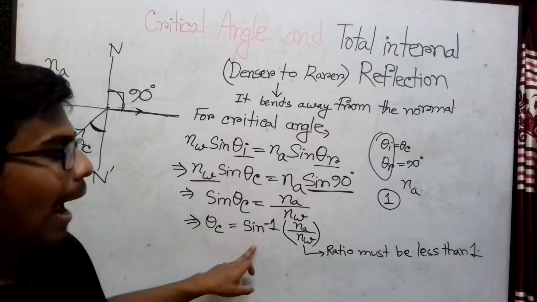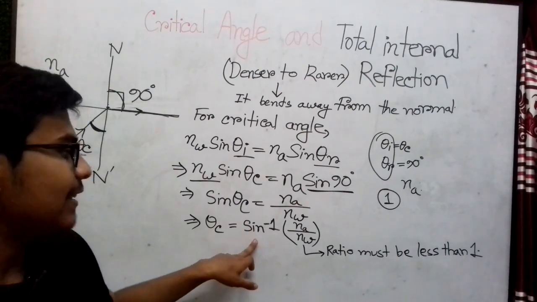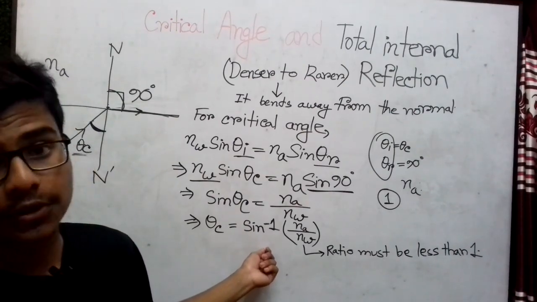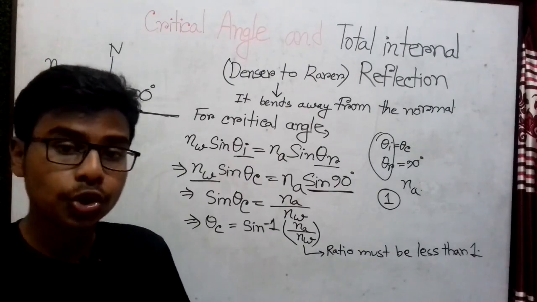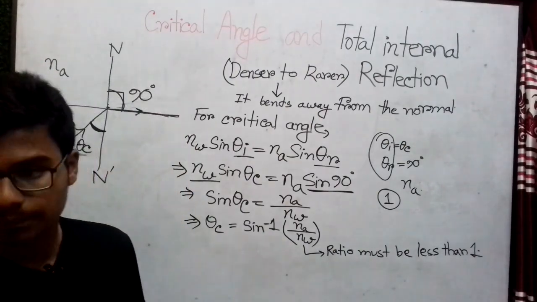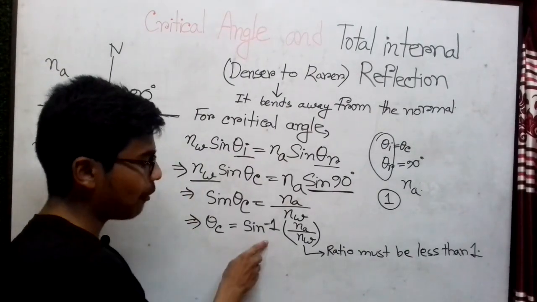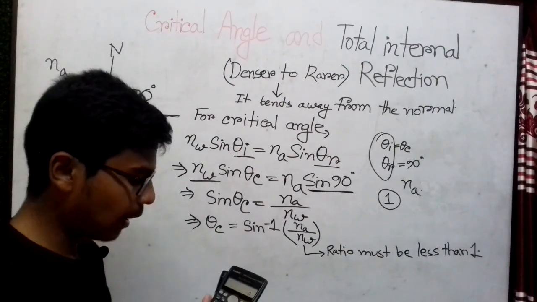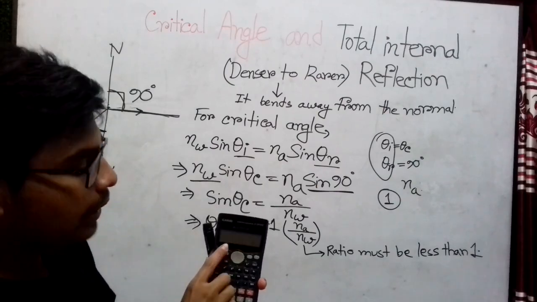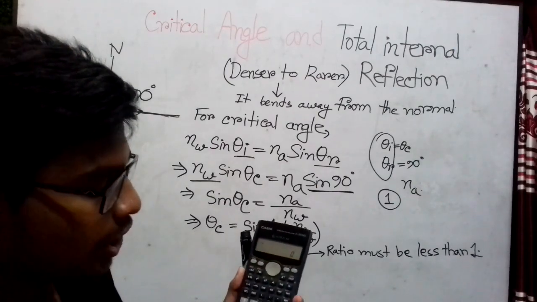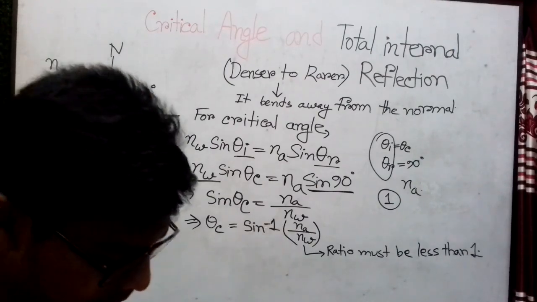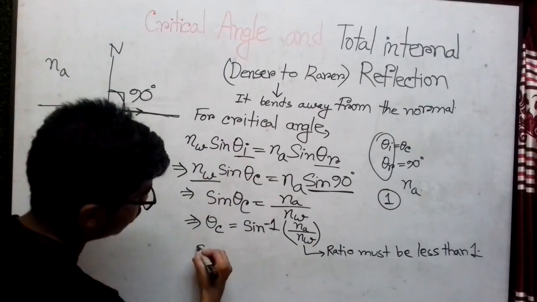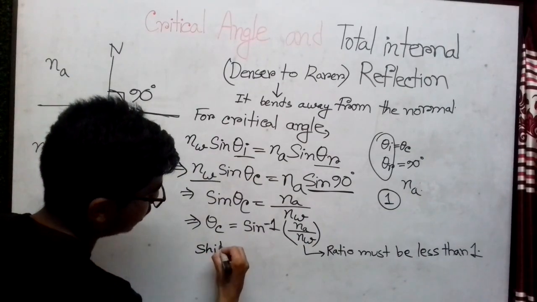Okay, so how do you get this inverse sine of 1? Now I'll show you in a calculator. Suppose how will you get it? First click the shift button, then click sine. That means shift plus sine in your calculator.